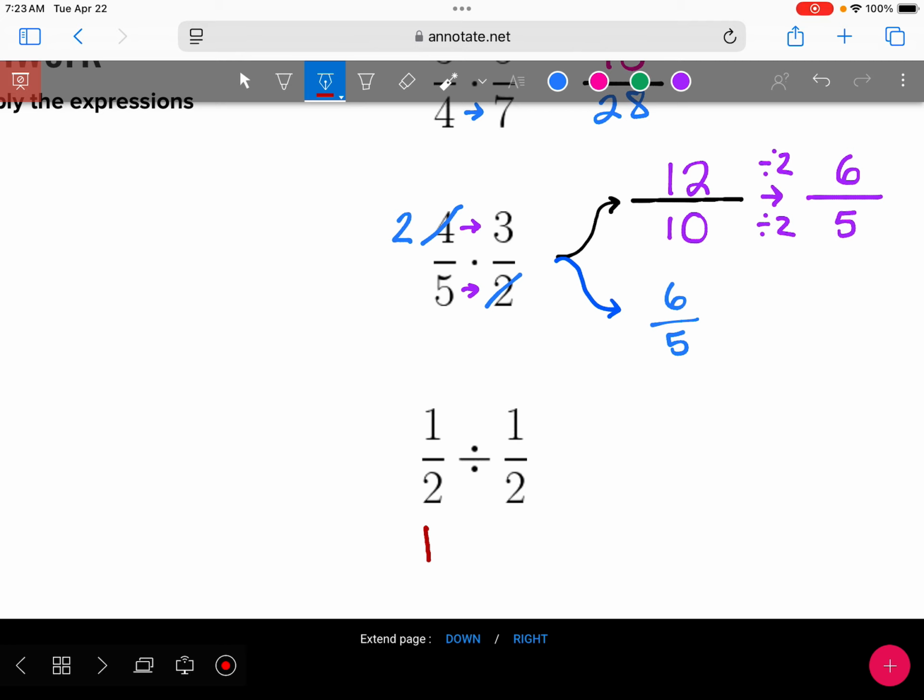We're going to definitely keep the first one the same. Do you remember what the rest of it is? Keep, change, flip. So we change the operation here. It's going to change from division to multiplication, and we flip the second fraction.